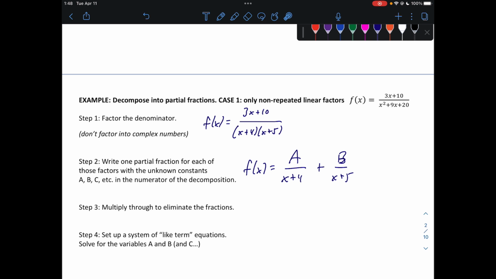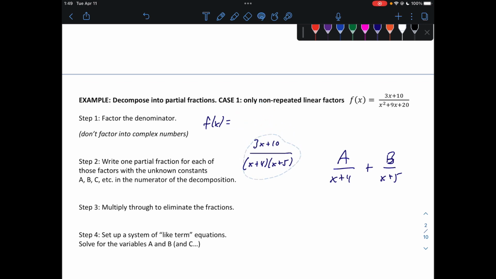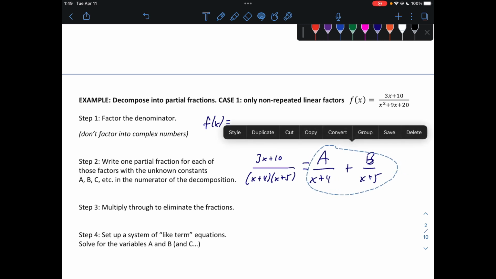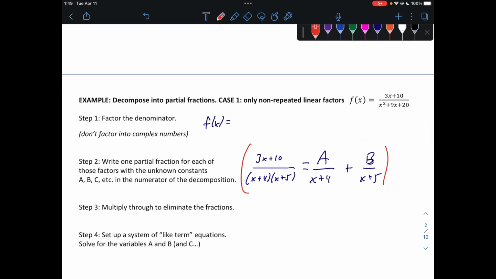Step three is to multiply through. What do I mean by through? I mean, if we set this equal to this, because they are equivalent after all, we multiply everything by the common denominator. So all this gets multiplied by x plus 4 times x plus 5.